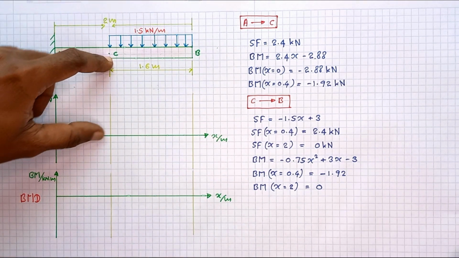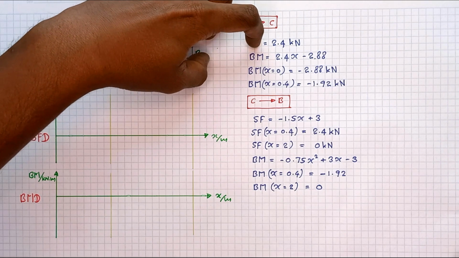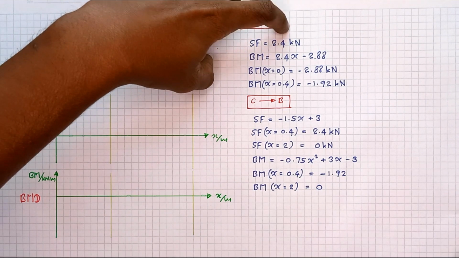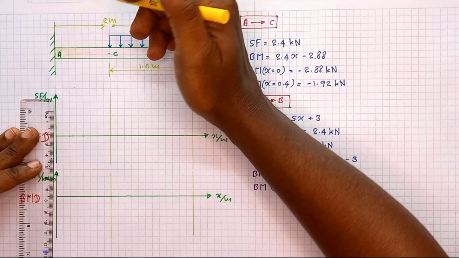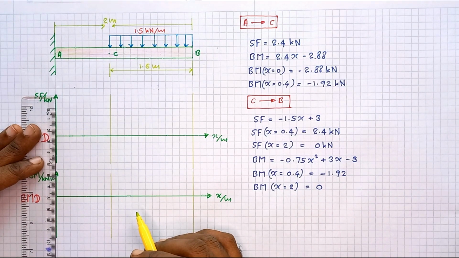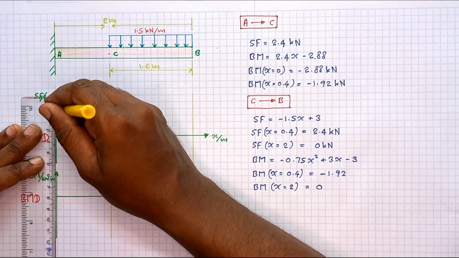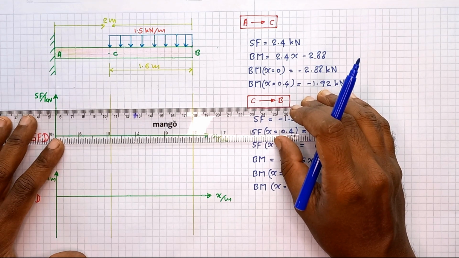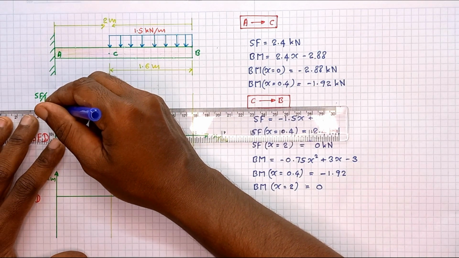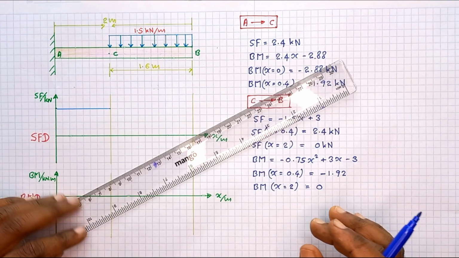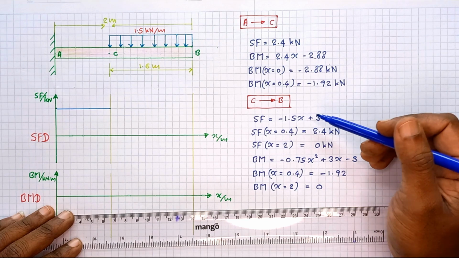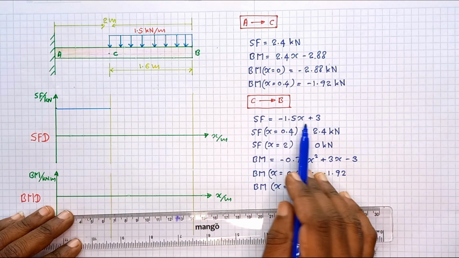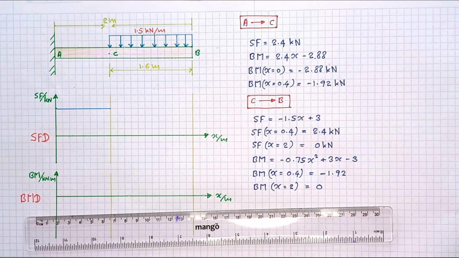If you take the A to C region, the shear force is equal to 2.4 kilonewton throughout the length of A to C. That means it is constant, so I will mark that value, 2.4. It's a constant throughout this length. Then in the C to B region, here you can see it's linearly varying, a linear equation with a negative gradient.